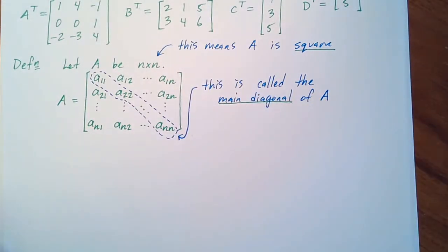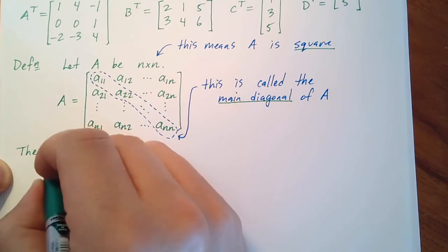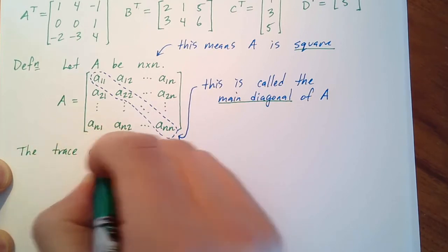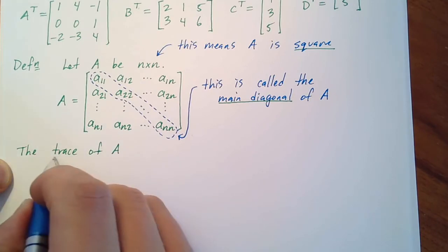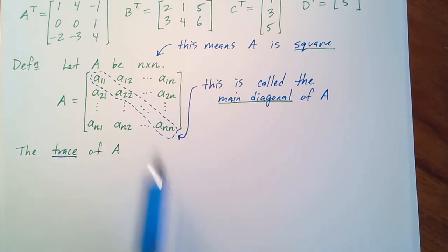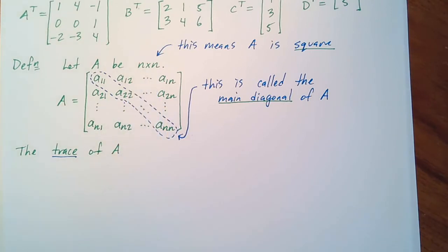And that's what we're going to use to define this new term, which is called trace. And here's the definition. So the trace of A. Now this is only defined for square matrices. And you know that because the definition started with the assumption that you had a square matrix. So none of this applies to anything that's not already known to be a square matrix.